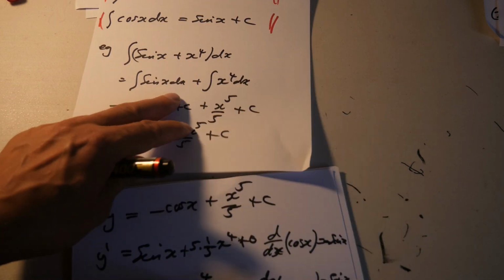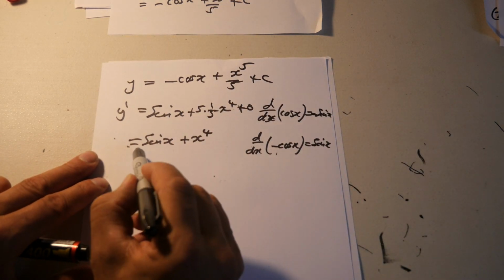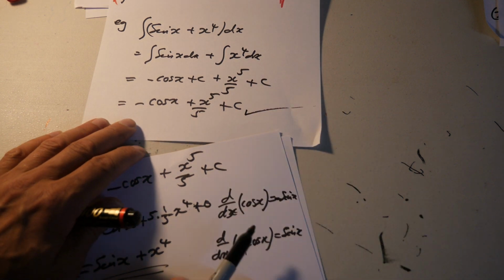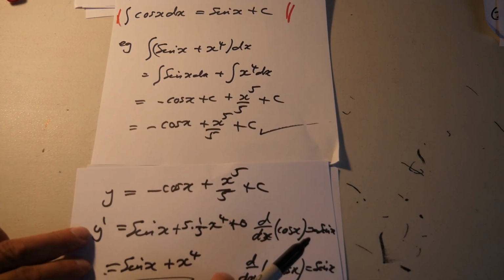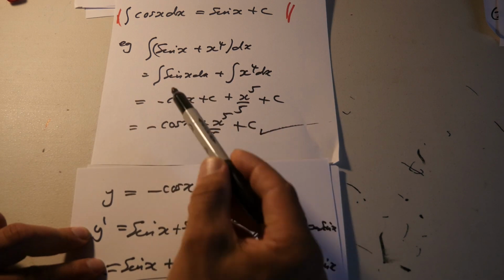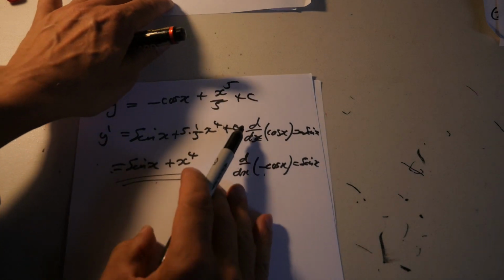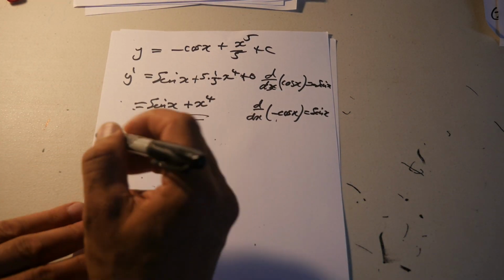By differentiating the answer, I've ended up back with the original expression, so that answer is correct, okay? Integrate that, you get this. Differentiate this, I got back to the original. So therefore this is correct. You must always check integrations by differentiating back, okay?